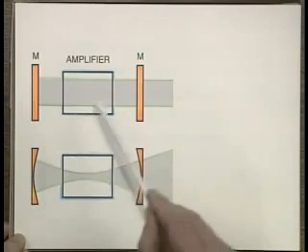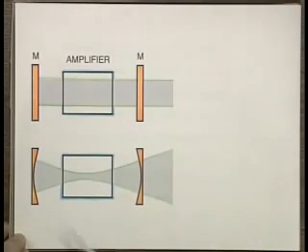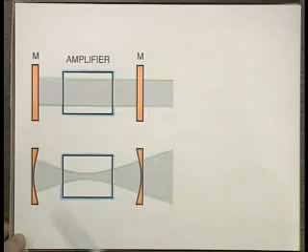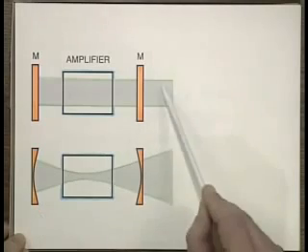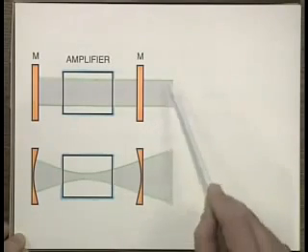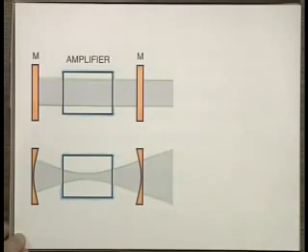The amplifier overcomes the losses in the cavity, and this mirror has a little transmission. So the output here you would expect to be a collimated beam, a plane wave, with diffraction limited collimation, and if you put a lens, diffraction limited focusing.